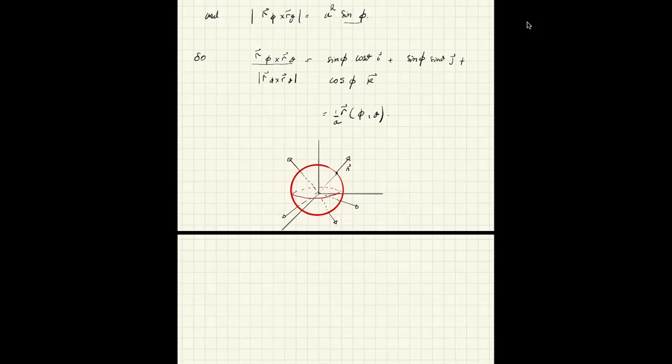Because if the surface is not closed, there's no way I can tell you to choose the one that points to the outside, since it depends on your point of view. If you see it from above, it's going to be outward, but if you see it from below, it's going to be on the other side.